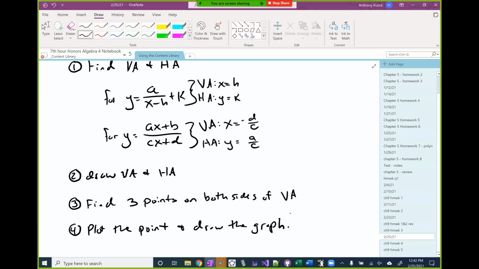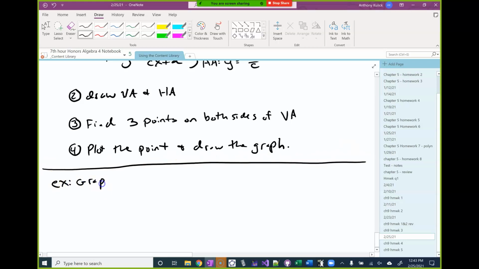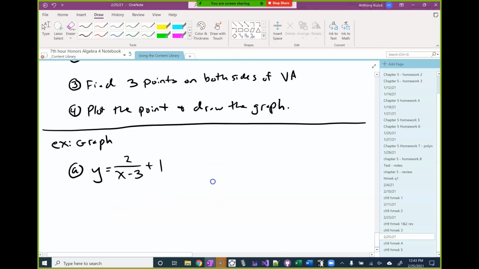So let's start doing a couple of examples. So let's say we want to graph y equals 2 over x minus 3, plus 1.